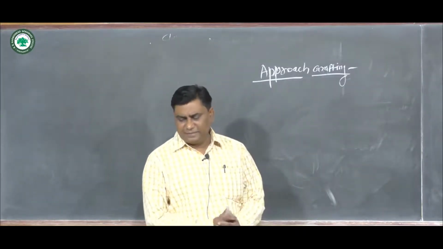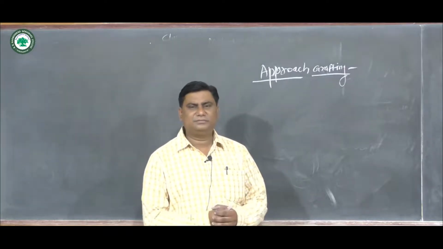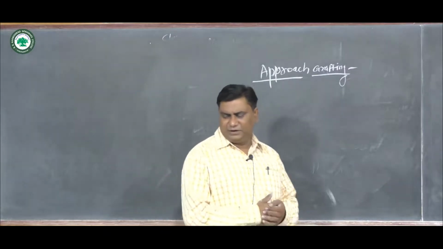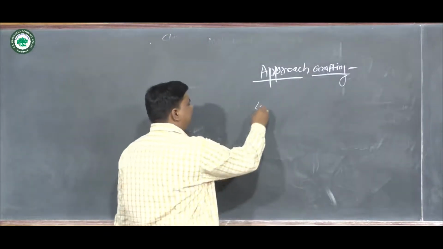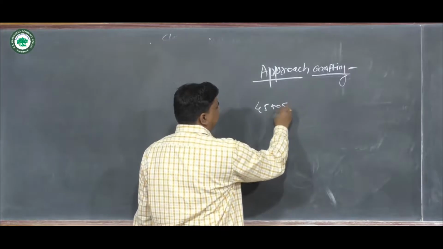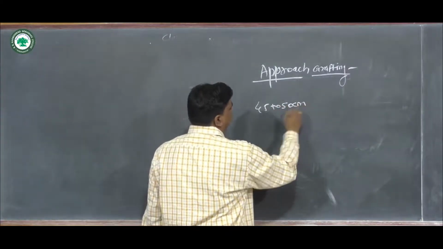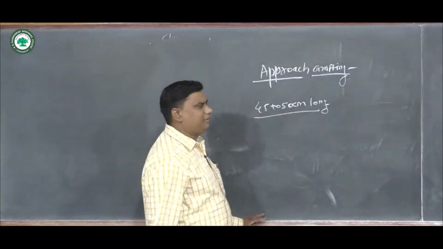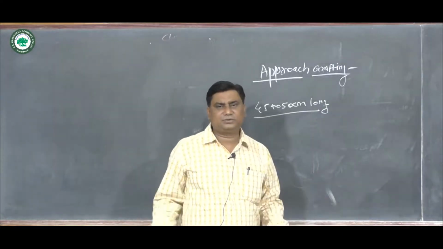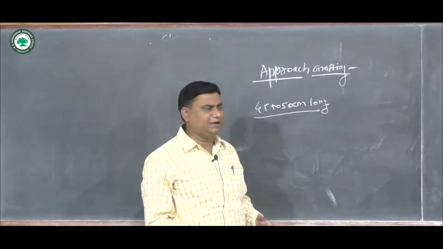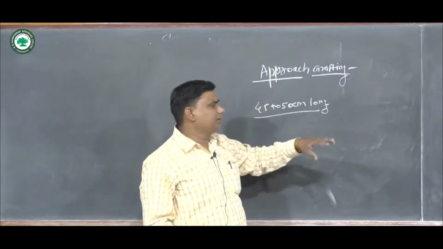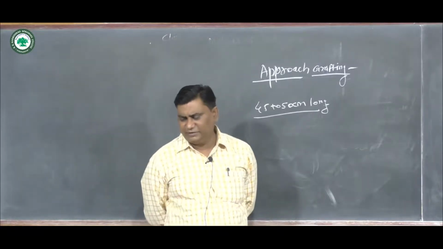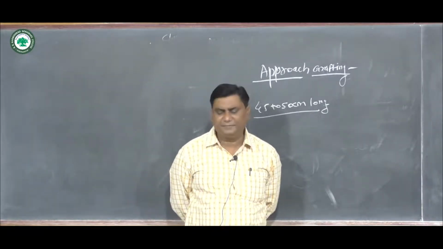So what is the procedure? Select a 1 year old terminal twig of about 45 to 50 centimeter long, of the desired variety.